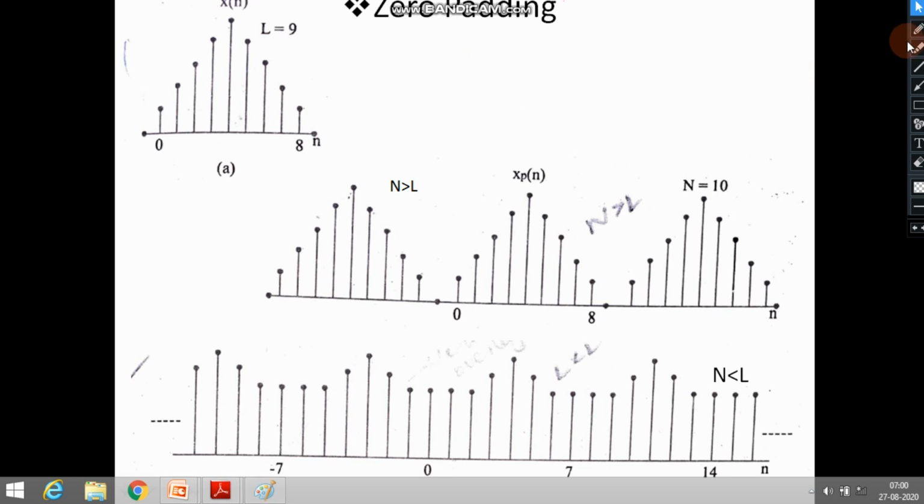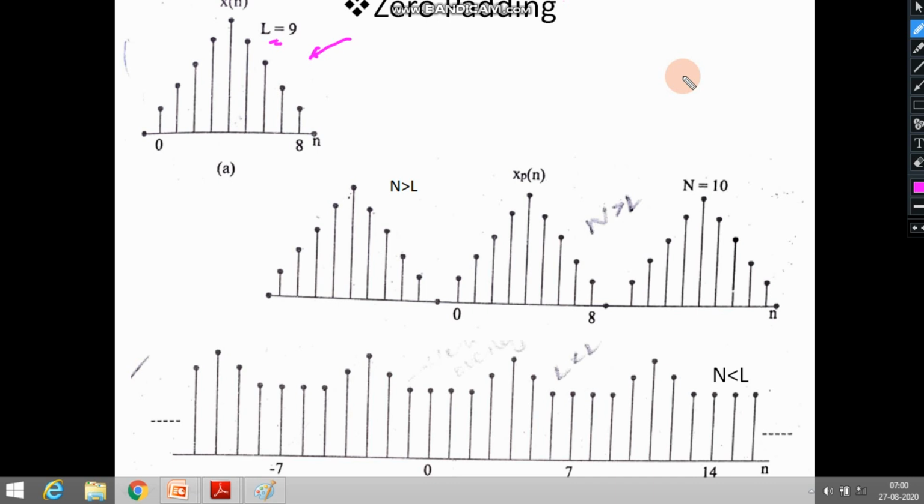Here, let this be a signal on which we have to do the DFT, a discrete signal x of n, which has 9 elements, that is, 9 samples in x of n. And we have learned earlier that the DFT is the sampled form of the DTFT.